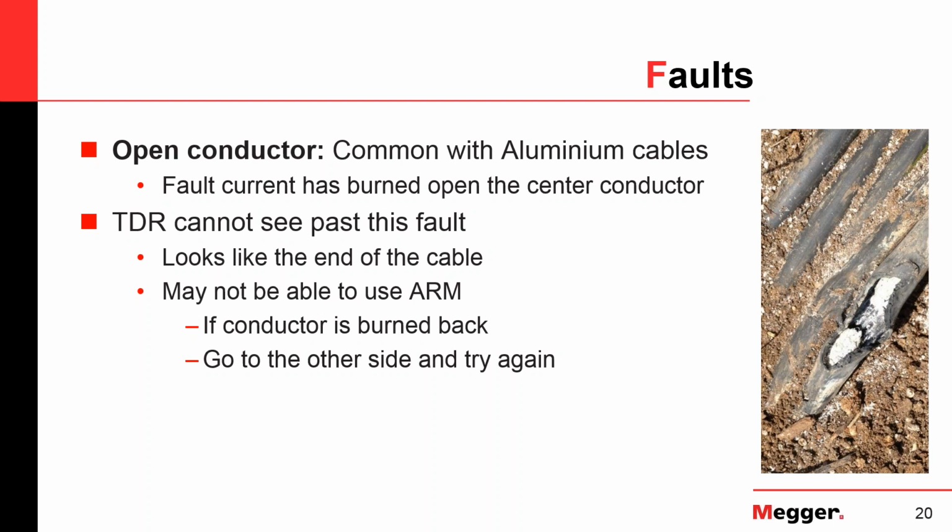The problem with this is, and we will get into what all these abbreviations mean, a TDR or a radar cannot see beyond this point because it relies on the ability to actually use the conductor and the return to measure certain parameters of the cable. And you may also not be able to use the so-called arc reflection method, especially if that gap is too wide, so you cannot make it flash over.